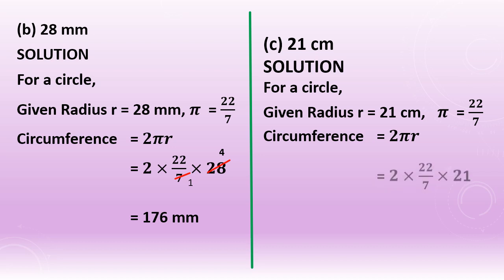While substituting the value, we get 2 into 22 upon 7 into 21. 7 and 21 can be cancelled, so that in the numerator we get 3 and the denominator becomes 1. So 22 into 6 gives 132 centimeter, which is the circumference of the circle.